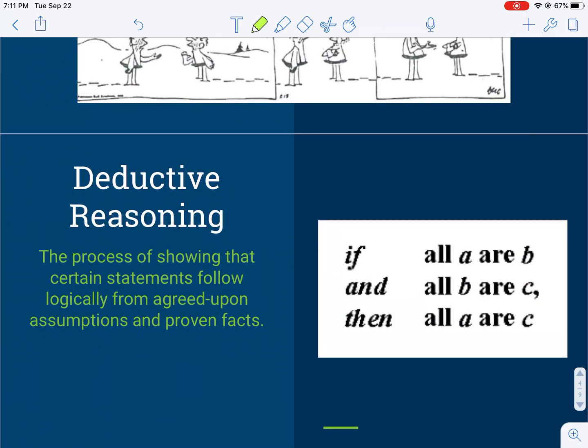Deductive reasoning is when we start with one statement and a second statement and we use those to lead to the next. So if I say all MMW students are great and Susie Cream Cheese goes to MMW, then Susie Cream Cheese must be great. Okay? You're using things to logically lead to an endpoint.